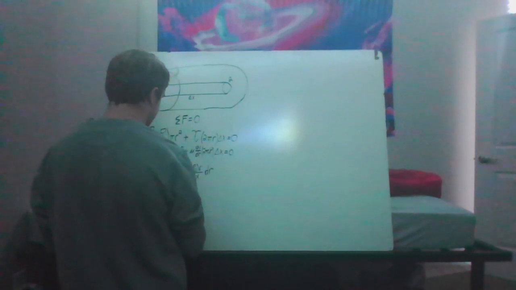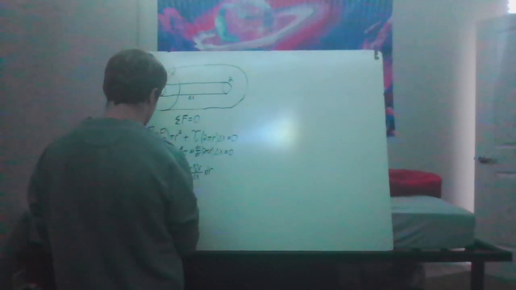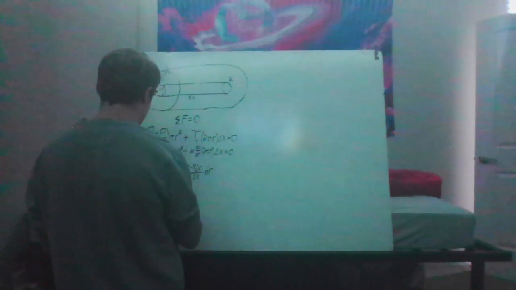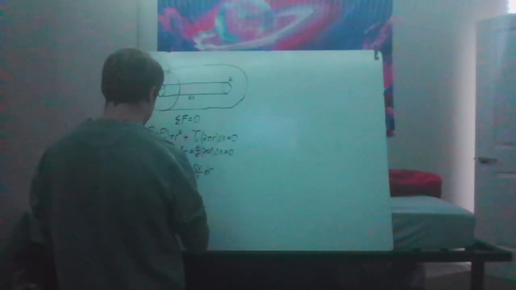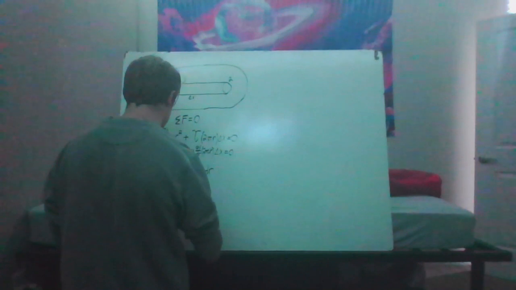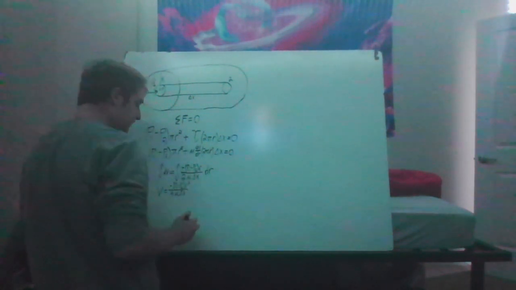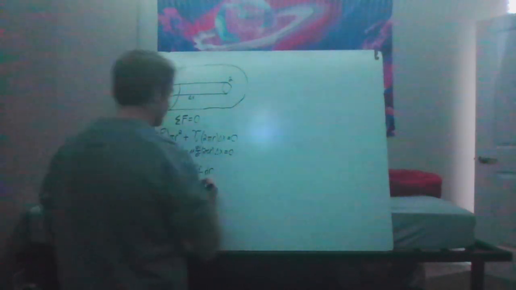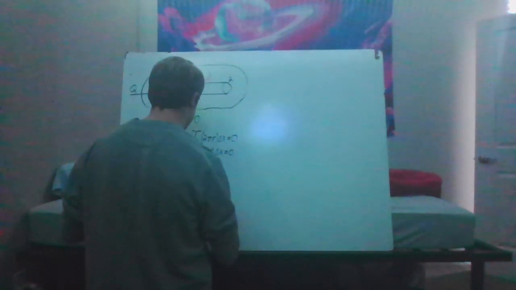So we can take the integral of both sides, and we'll end up with v equals negative (p1 minus p2) r squared over 4 mu delta x. And we also can't forget, since we took an indefinite integral, we will have plus c.